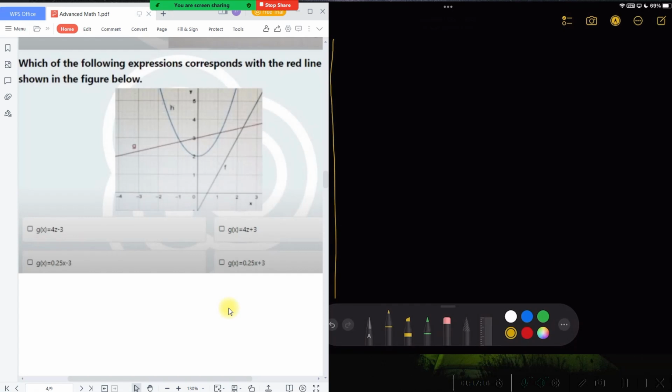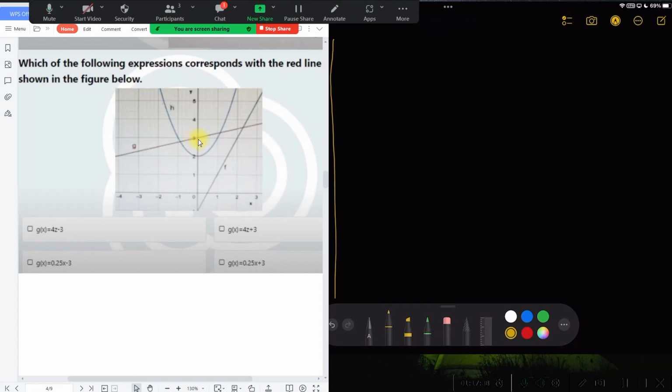So how do you do this one, class? What do you think? First, if x equal to 0, what is g?